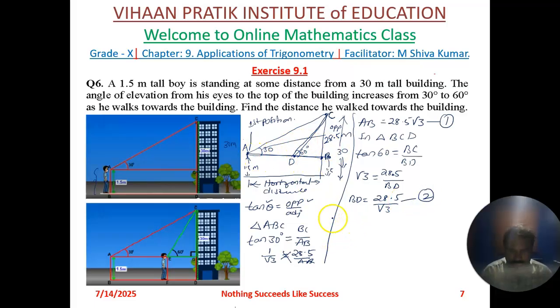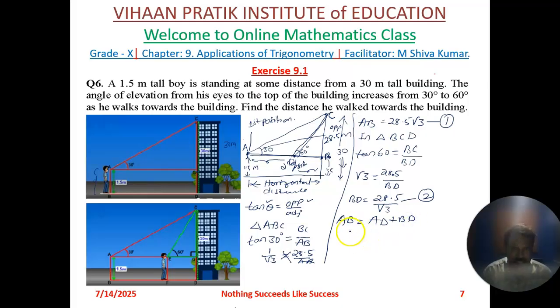Now the total distance is AB. This is the first position of the boy, this is the second position. From the first position to the second position, the angle has changed. The total distance he travelled is AD. So to find AD, AB equals AD plus this distance BD.